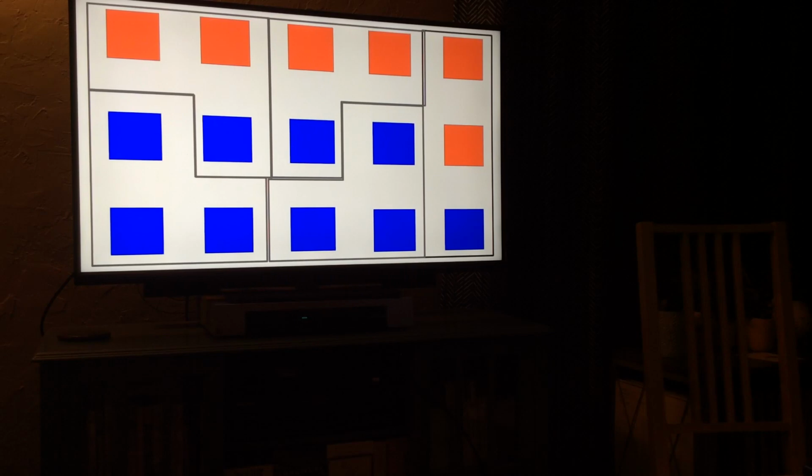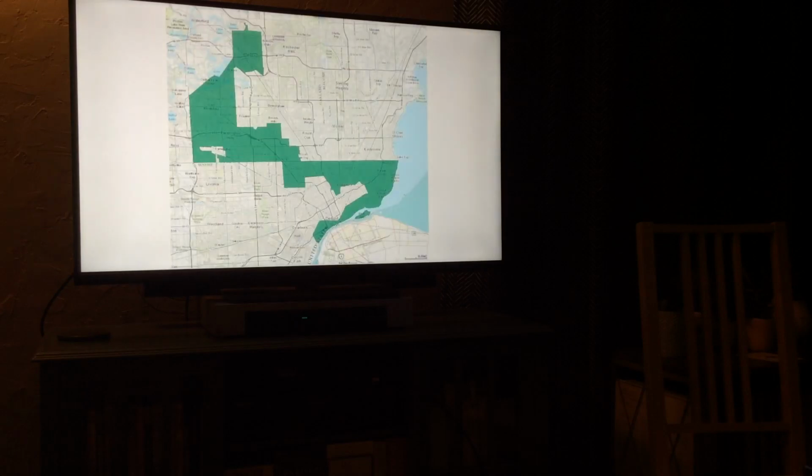Now here comes the cool part, which is actually your homework assignment for today. First, just an example of a district that I think is particularly strangely drawn.